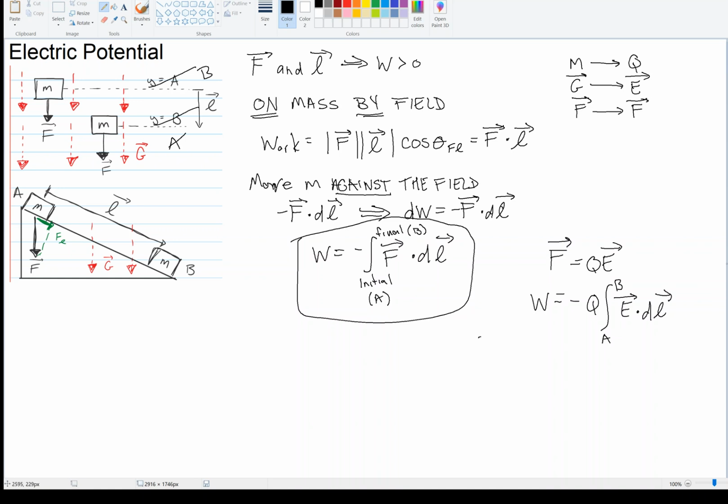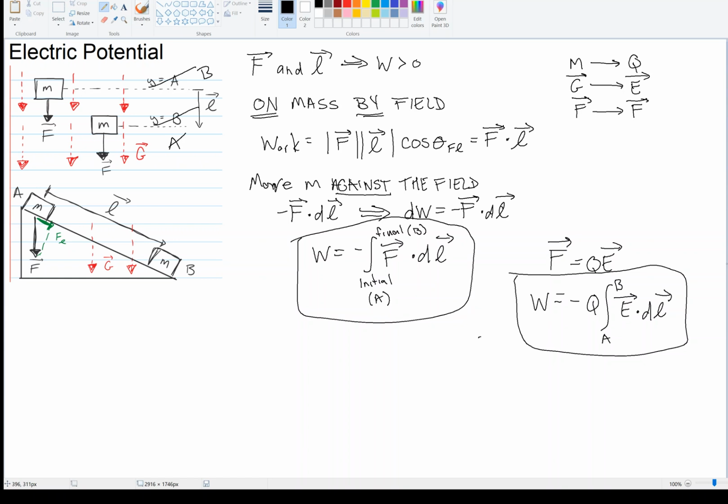The analogy is perfect. So now here is the work required to move by an external agent the charge Q inside an electric field. It depends on Q. The stronger Q is, the higher Q is, then the more work possibly, right? Just like here in the gravitational field, the heavier something is, the more massive it is, then the more energy or the more work you have to expend to lift something up.